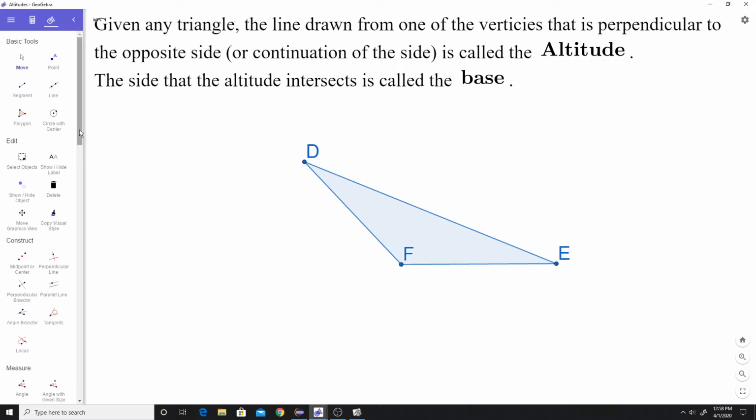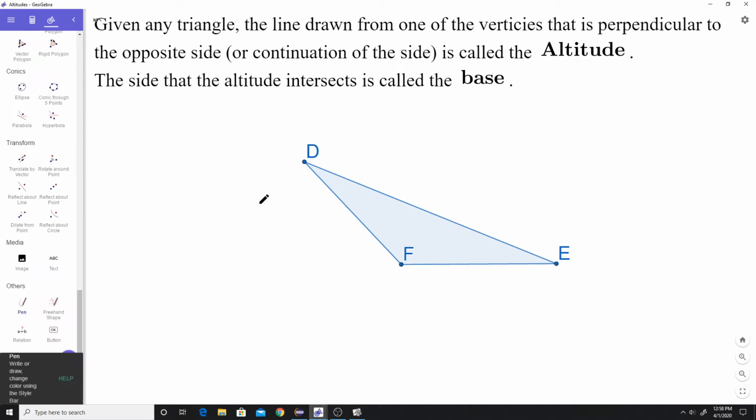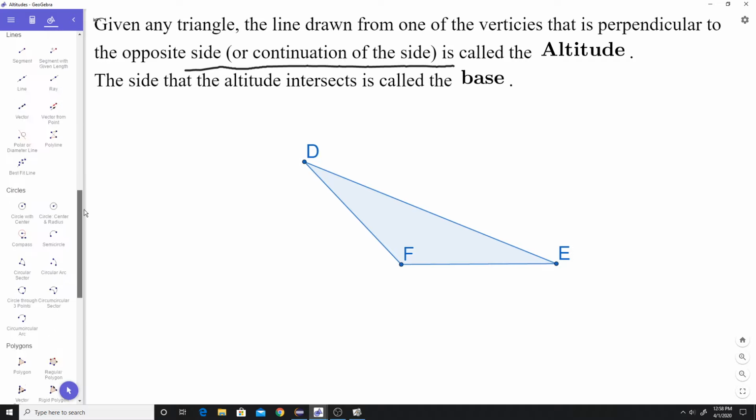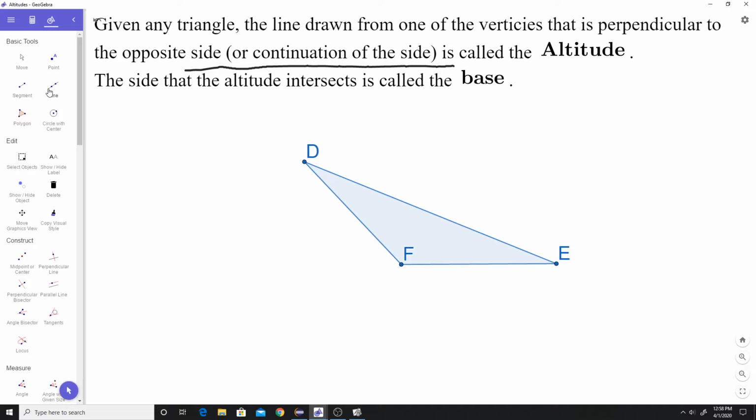That's why in our definition, we use the word the side or continuation of that side. Continuation means if I extended it, so now I'm going to make a line out of FE, and then I were to draw the perpendicular from D, making that 90-degree angle, that would be my altitude.